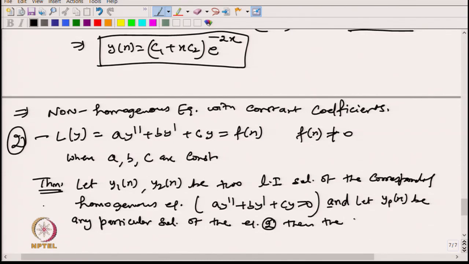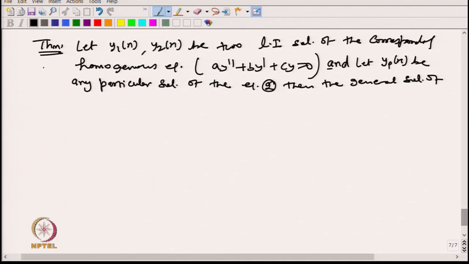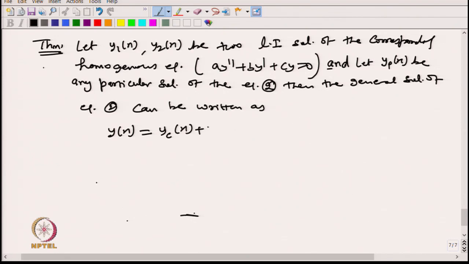the general solution of equation 2 can be written as y(x). We actually split this into two parts. The first one is yc(x) and then yp(x). What is yc(x)?